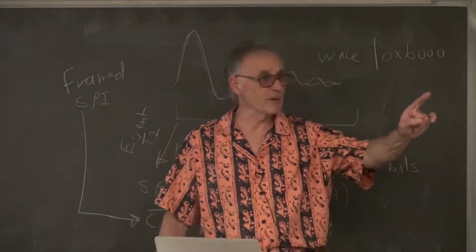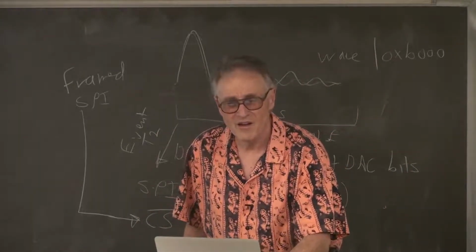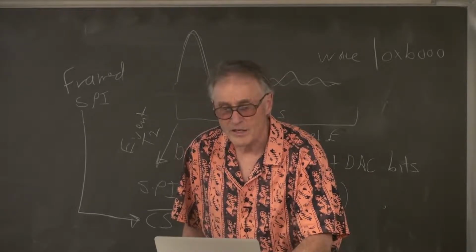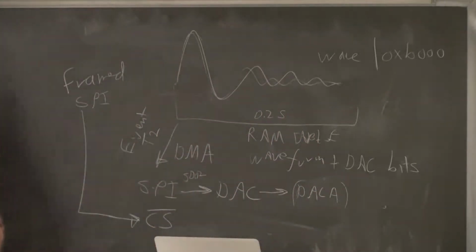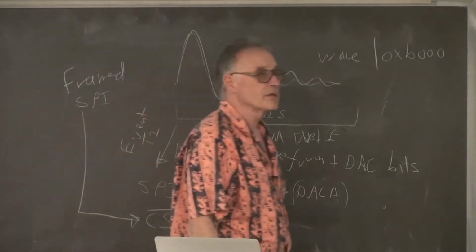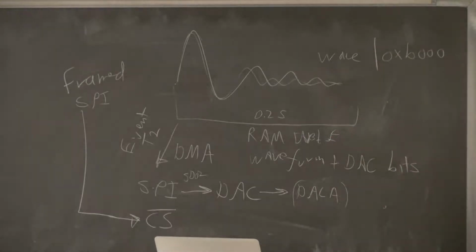Because how much flash memory is there? That's why it's called a 128. It's 128K of flash. So you have 4 times as much flash as you have RAM, so you can put bigger arrays in flash.